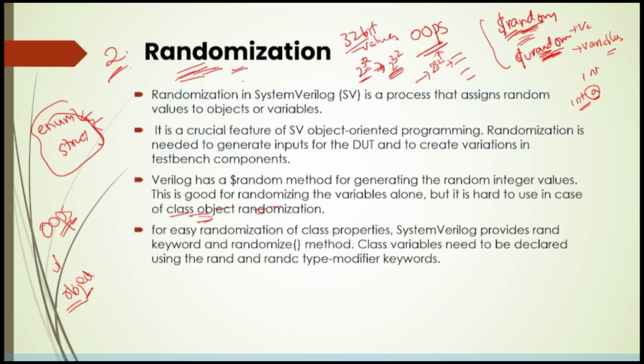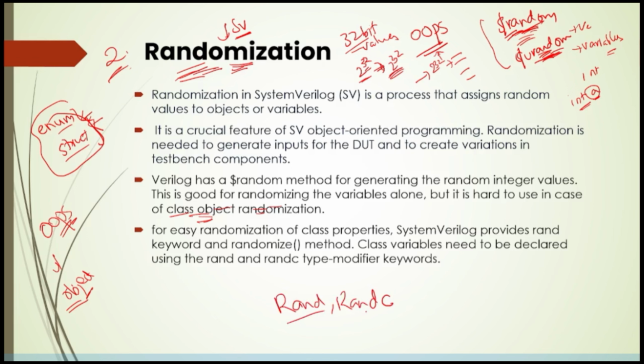So in order to produce randomization on all these things, you need the randomization concept in SystemVerilog. Just like you use $random and $urandom in Verilog, in SystemVerilog you will be using the rand and randc keywords.